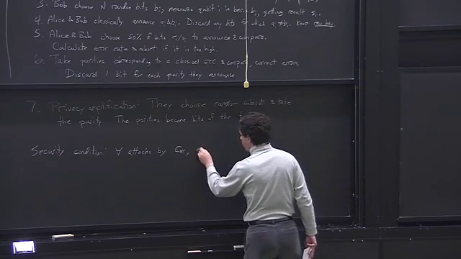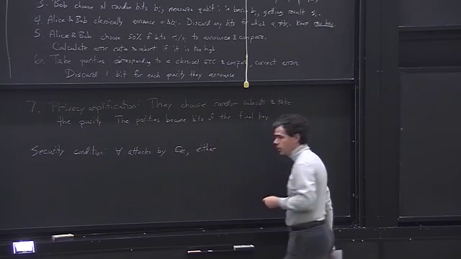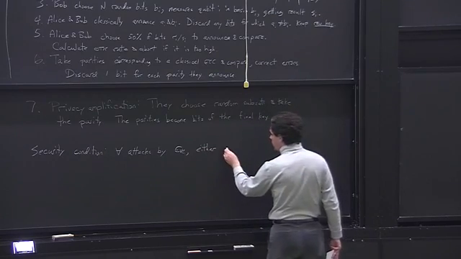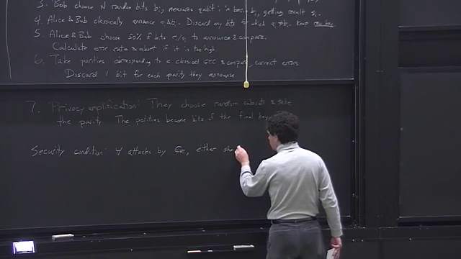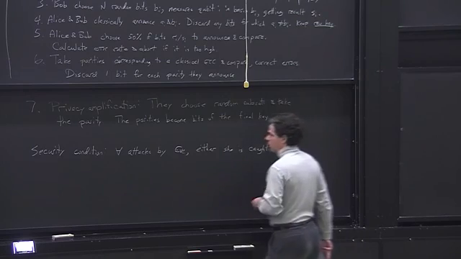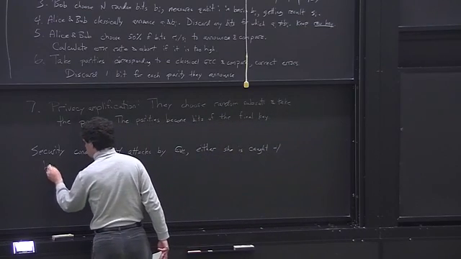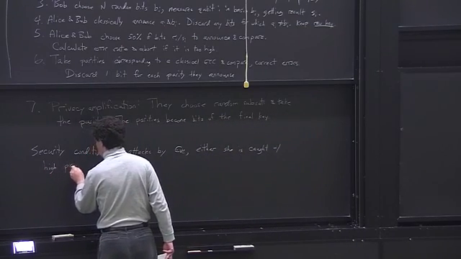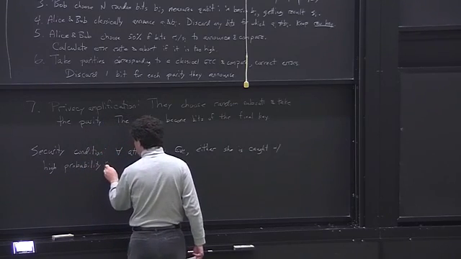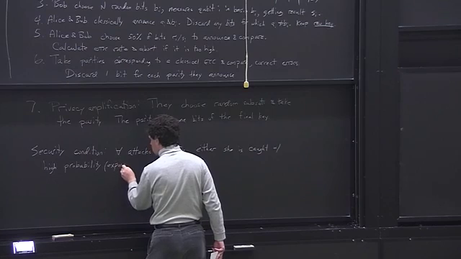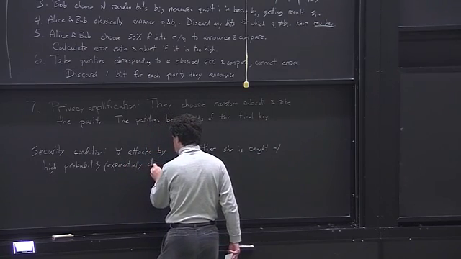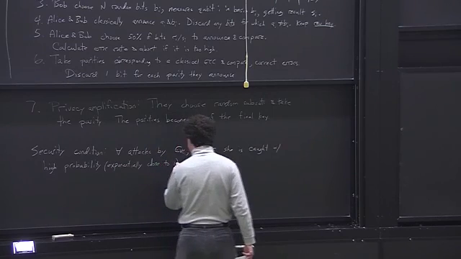Either she can do something that is kind of very intrusive and learns a lot of information. But in that case, she is caught with very high probability. And by high probability, I mean exponentially close to 1.